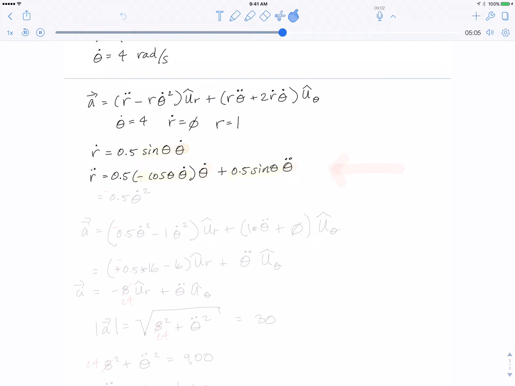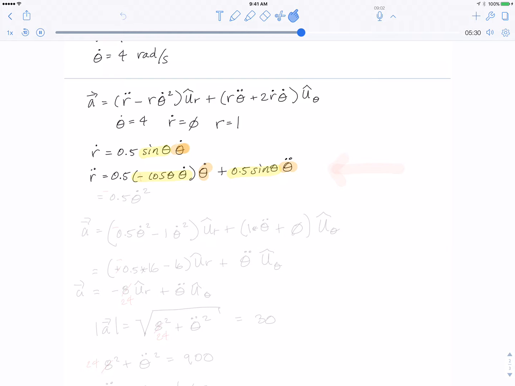So, you know, I'm just using the product rule where that's F, that's G, that's the derivative of F, and that was the derivative of G. Okay, so there we go. Let me highlight all the F and G parts.